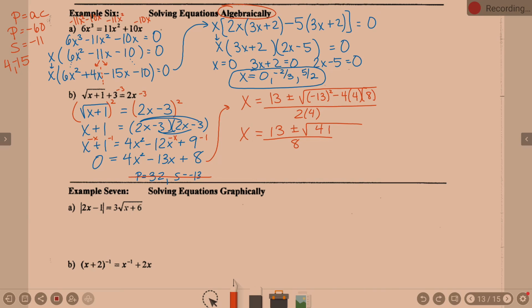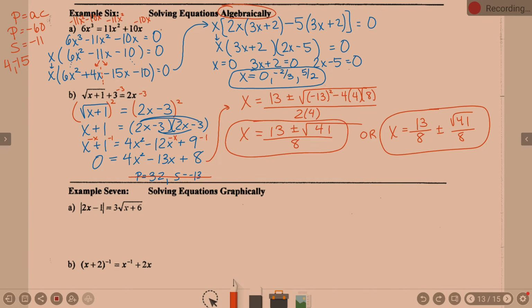So about the only thing you can do with this is to split it up and say 13 eighths plus or minus the square root of 41 over 8. You could split it up into 2 if you needed to. You could leave it here. You could go a decimal route if they asked you for a decimal route. But we can also leave it like that.